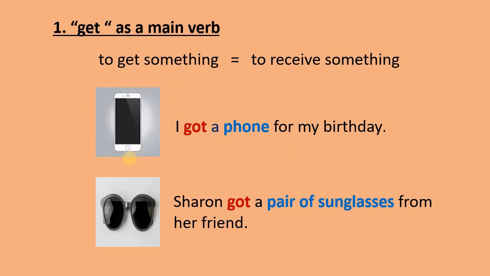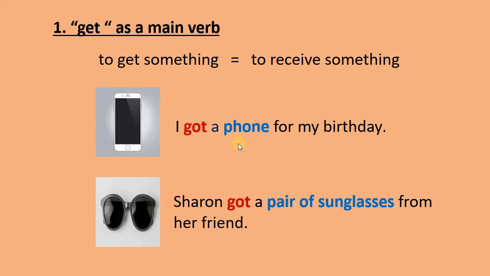Alright? And the colors are here to help you with the form. So the colors in the example here correspond to the colors of the definition at the top. Example in red, we have the verb get in the correct tense.